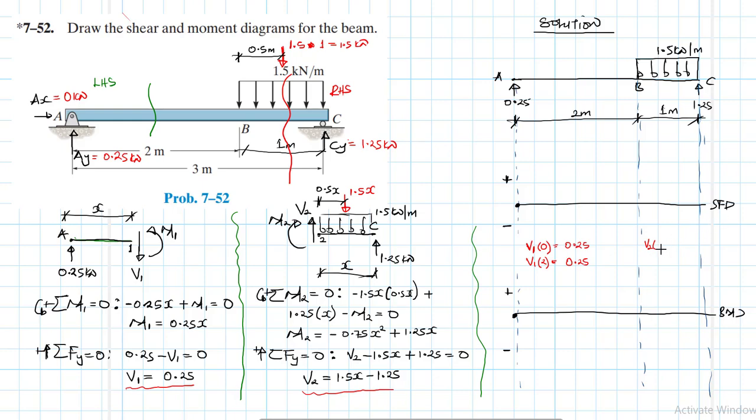So at C, when x is equal to 0, V2 is equal to minus 1.25, because we are moving from C going to B. And then V2 of 1, the maximum interval is 1, gives us 1.5 times 1, which is 1.5, minus 1.25, giving us 0.25.